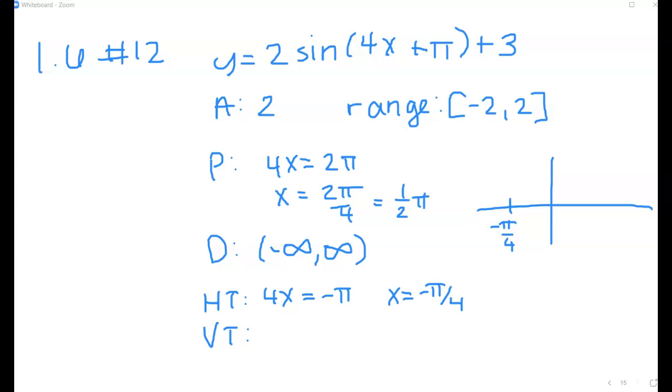It's also going to change the range again because the vertical translation is up 3. So now my range transforms one last time by adding 3 to each of those. So -2 plus 3 is 1, and 2 plus 3 is 5. So your final range is 1 to 5 because this graph gets shifted up 3 units.